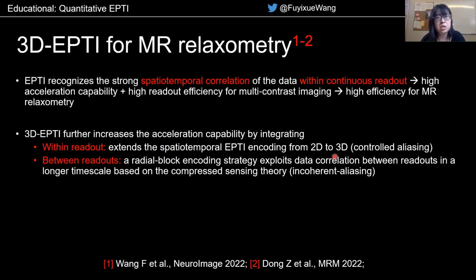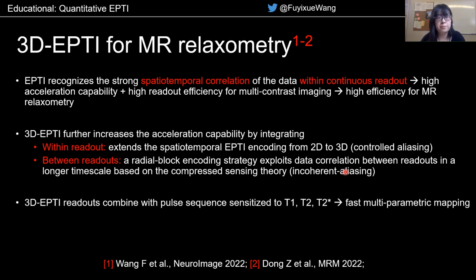and a between-readout scheme with a radial block encoding strategy that explores the data correlation between the readouts on a longer time scale, and removes the incoherent aliasing based on compressed sensing theory.